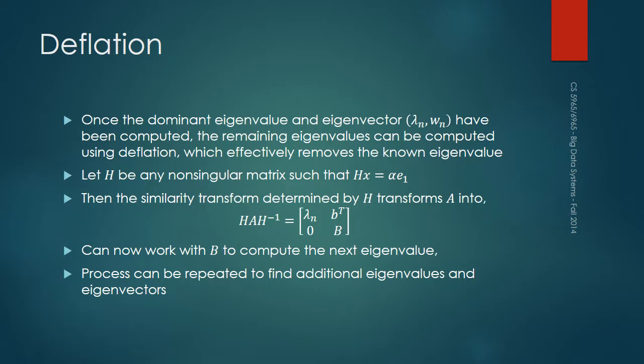I've mentioned this in some of the lectures, but basically you want to subtract the contribution of the eigenvector from this. And there are two or three different ways of doing this. One of the more popular ways, and this you should look into, is to use a specific matrix H, which is a non-singular matrix such that it satisfies Hx equal to alpha e1, okay?